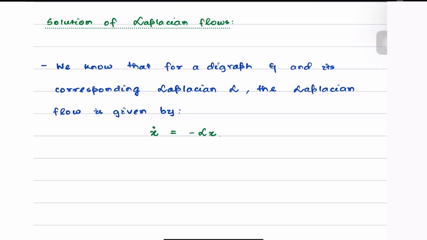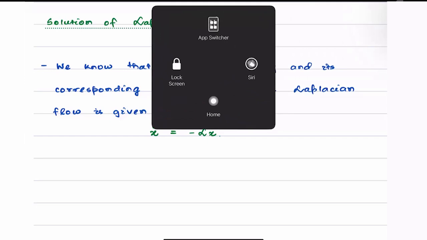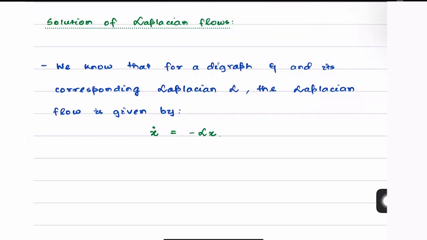If you want to be a bit more precise while writing this, what we can do is we can write here x dot of t and x of t. And we've been given some initial conditions, x0.